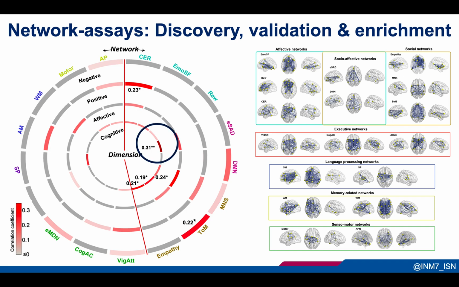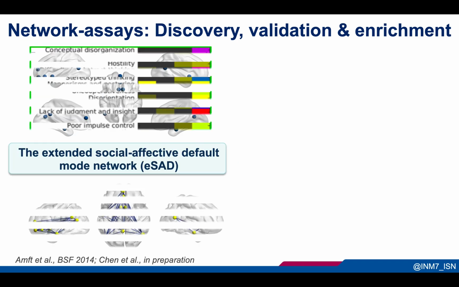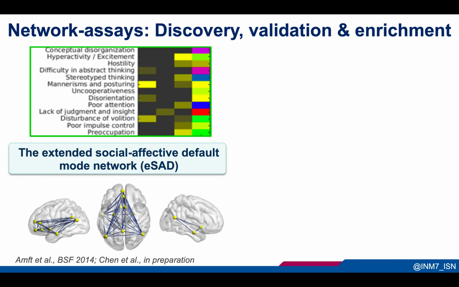So for example here, the extended social affective default network was quite good in predicting individual cognitive symptoms in that set. Here you see the network and the associated phenotype or phenotypical dimensions.